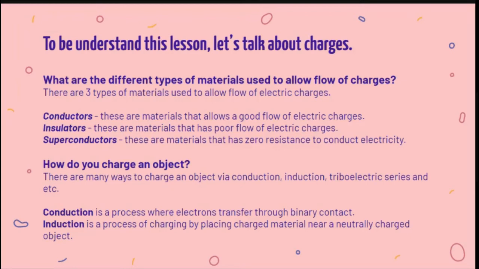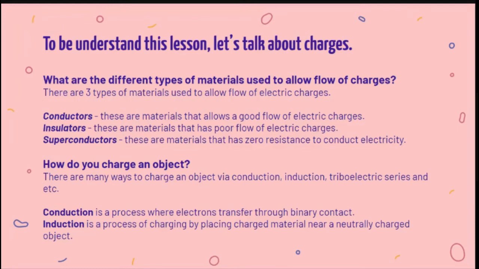That's why every wiring system has a rubber coating to prevent the jumping of electric charges from the conductors. An insulator serves as a protective coating to these conductors so that we will be protected from the harm of electric charges.